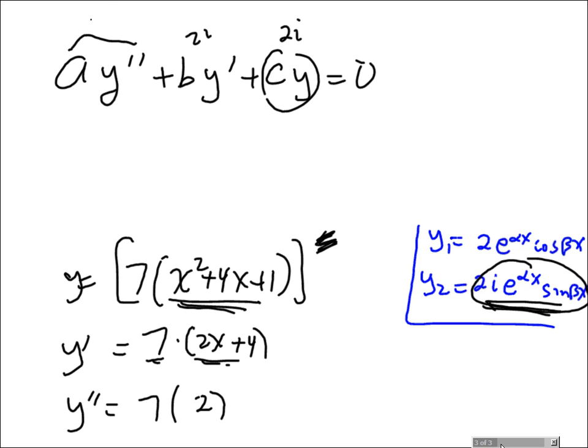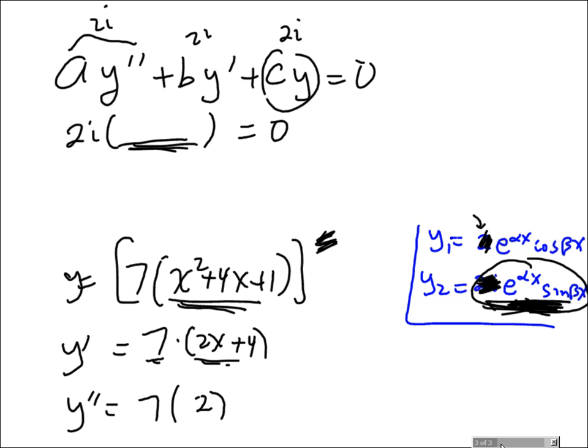The 2i factors out. That is, if you didn't have the 2i, what remains will still be a solution, because you're going to have 2i times something, and it's going to be 0. Well, it must be this that's the 0. You can just plug in e to the ax times sine bx. Same argument with the 2. You don't need that 2.